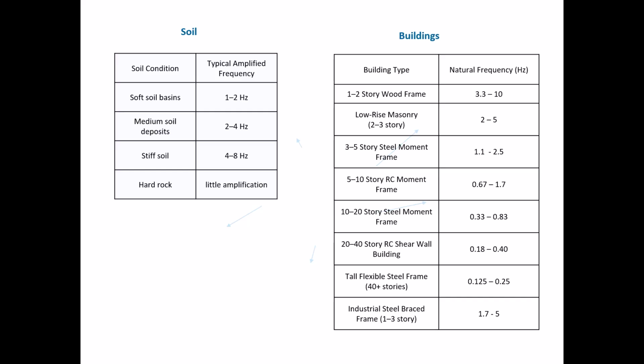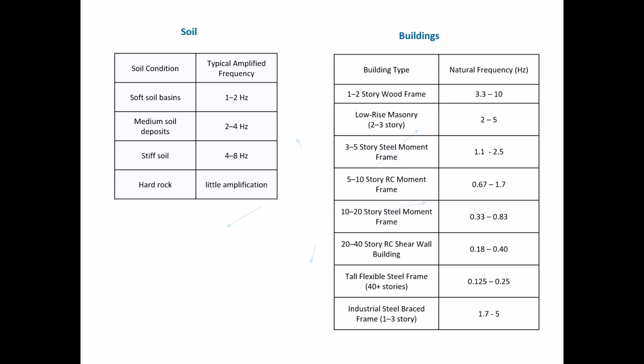Low-rise masonry, maybe a 2 to 3 story, 2 to 5 hertz. 3 to 5 story steel moment frame, 1.1 to 2.5. 5 to 10. Now RC is reinforced concrete, so shear walls, for example, are made of reinforced concrete. We can also have reinforced concrete moment frame, 0.67 to 1.7 hertz.